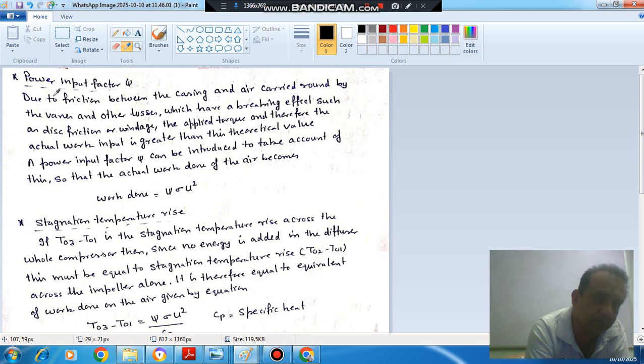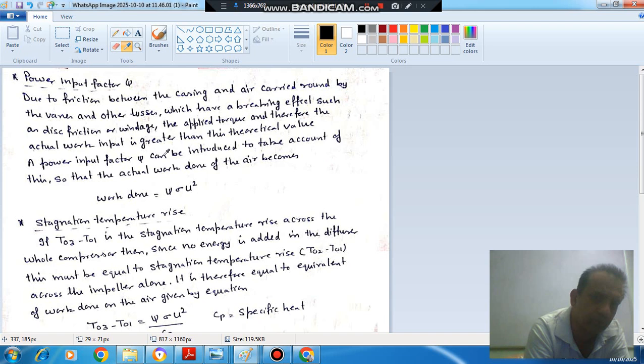Reading this out: due to friction between casing and air around the vanes and other losses which have a braking effect, such as disk friction or windage, the applied torque and therefore the actual work input is greater than this theoretical value.